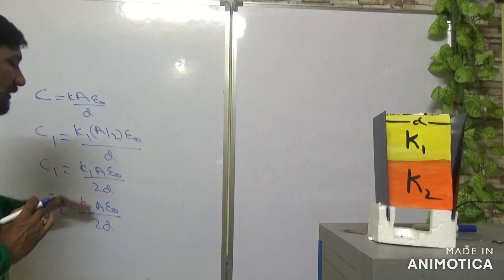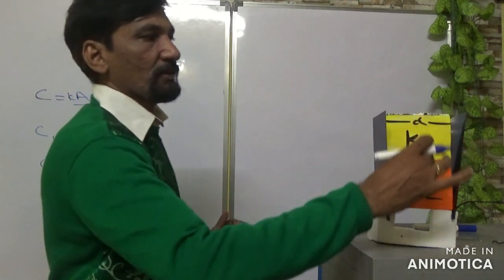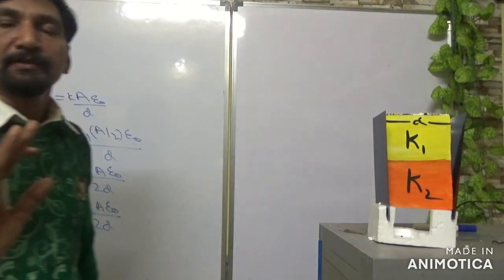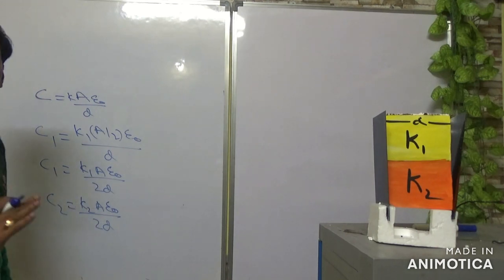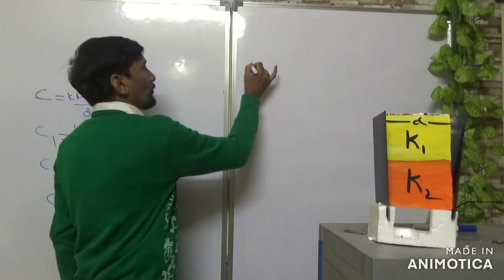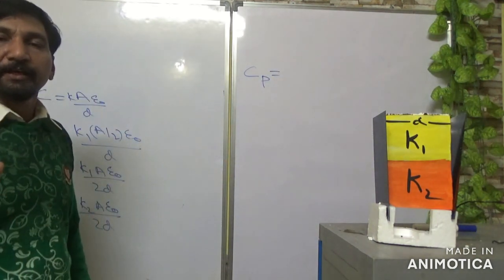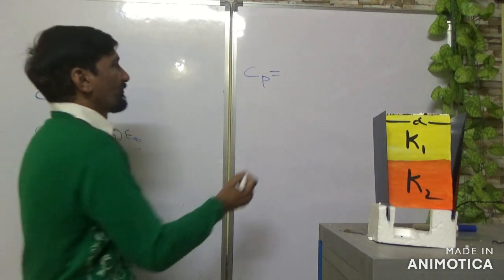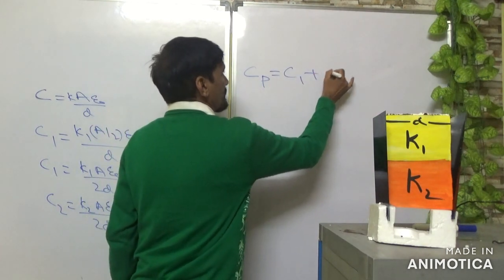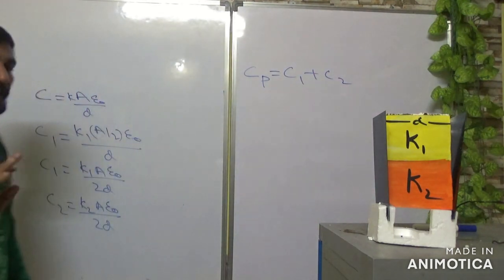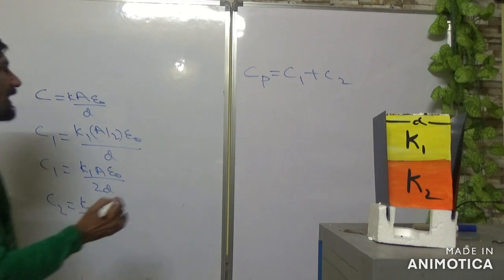So here the two capacitors have the same end points, which means they are in parallel combination. Whenever you join two capacitors in parallel, the effective capacitance is C1 plus C2. So that is why these two must be added.